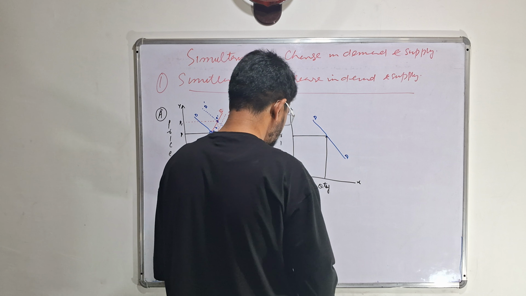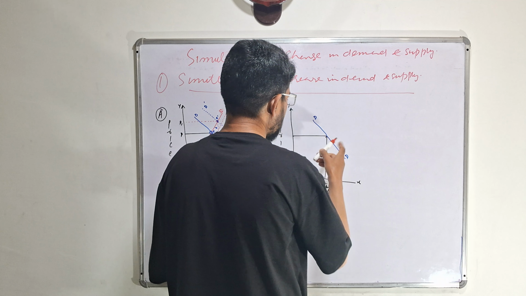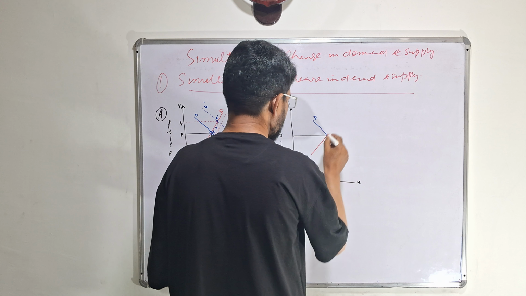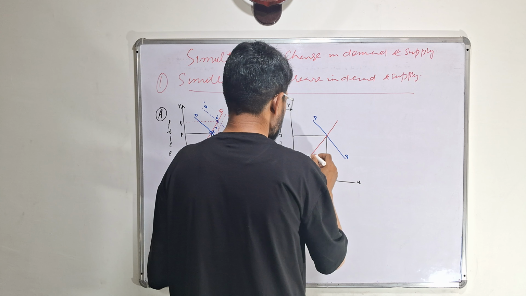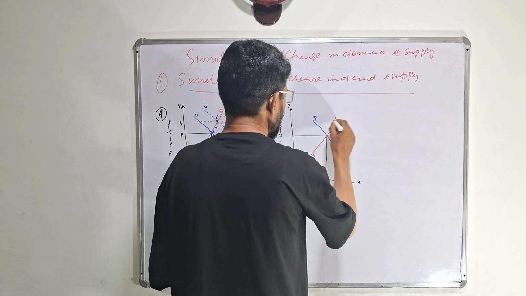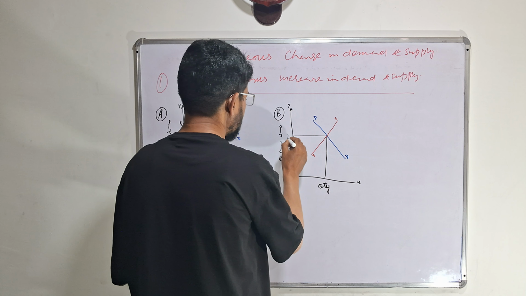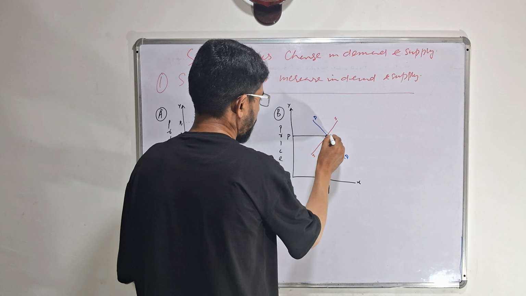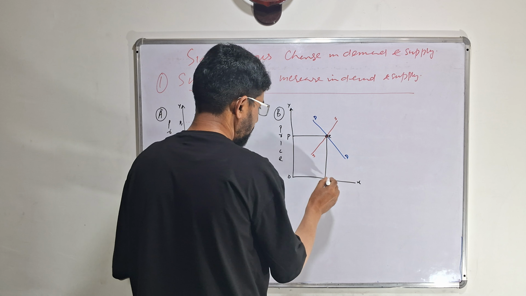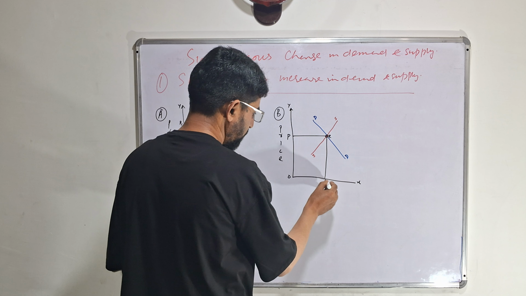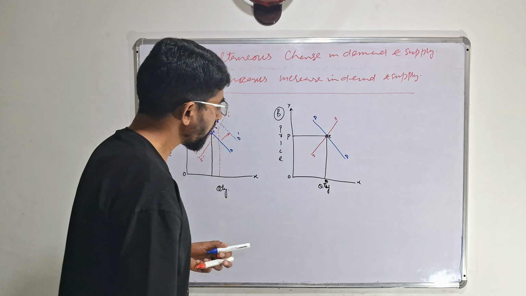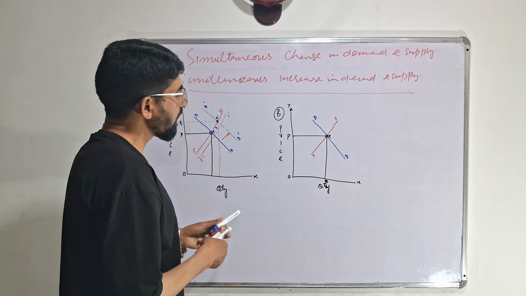This is the supply curve. The supply curve has a positive slope. Now, this is the initial price. This equilibrium point is the initial E, and this is the initial quantity Q. Now we are reading simultaneous change.